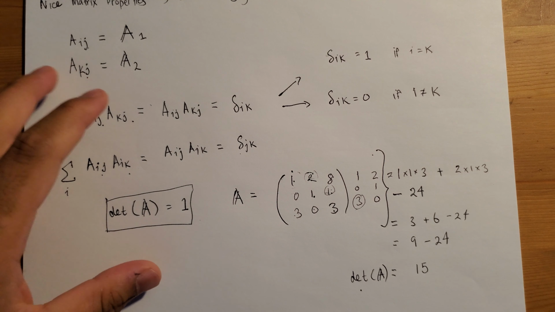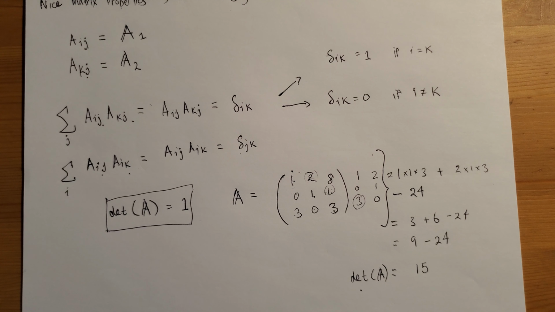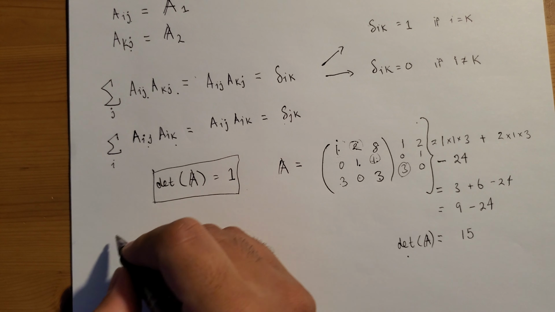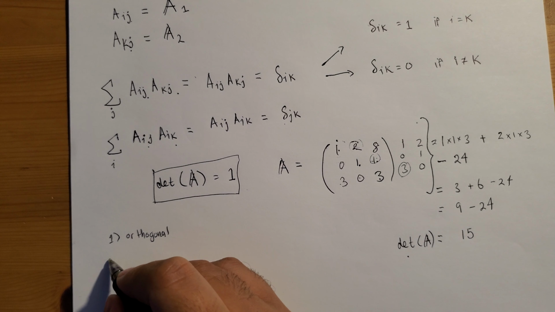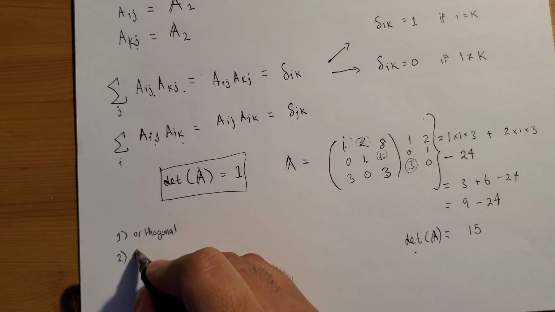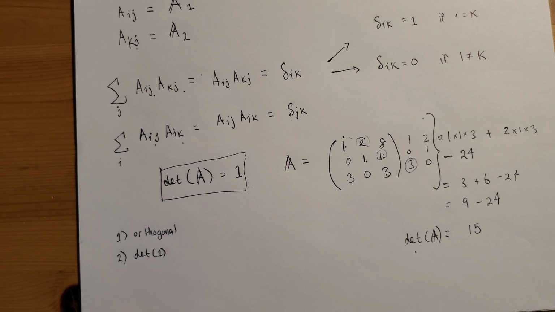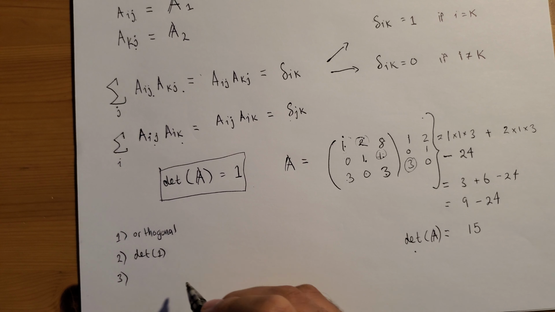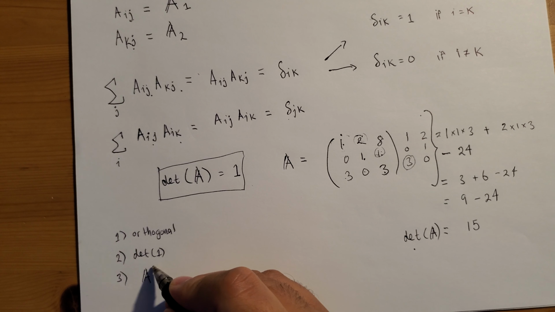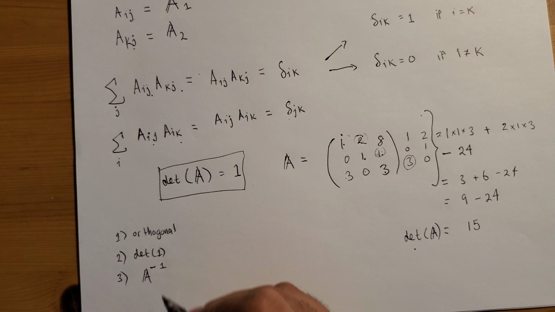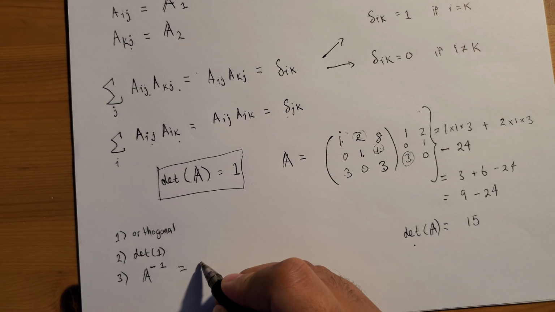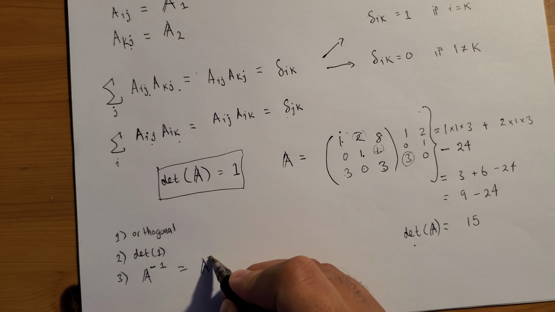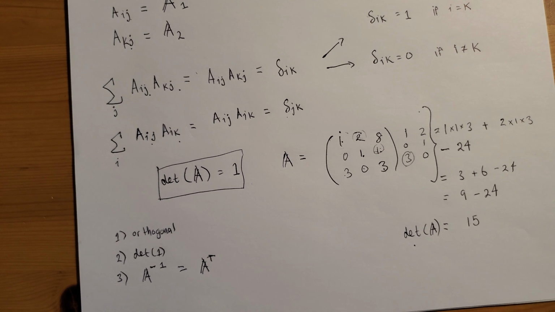The reason why we mentioned these first two properties is that if a matrix satisfies the first condition, that it is orthogonal to another matrix, and the second, that it has a determinant of 1, then what we can say as our third property is that the inverse of that type of matrix is equal to the transpose of that matrix, right?